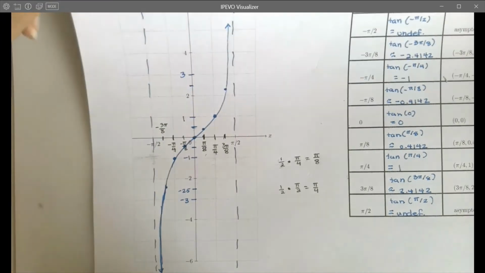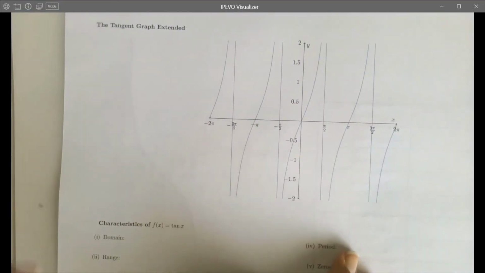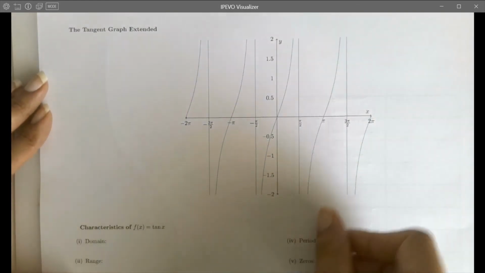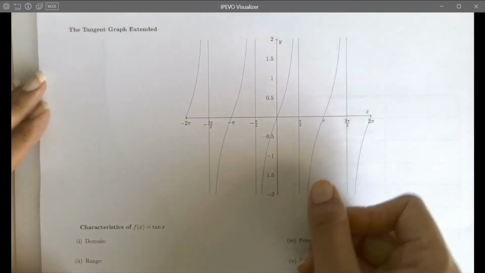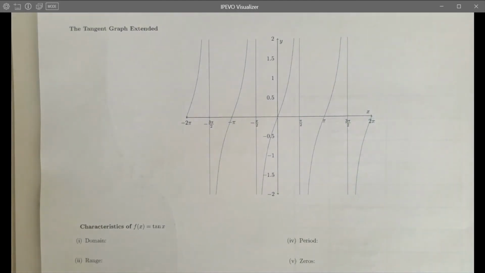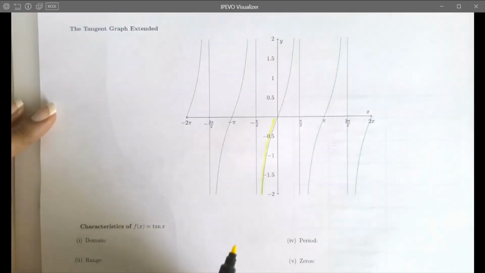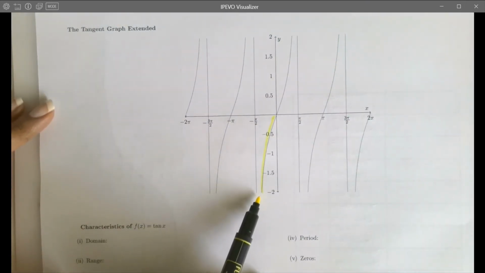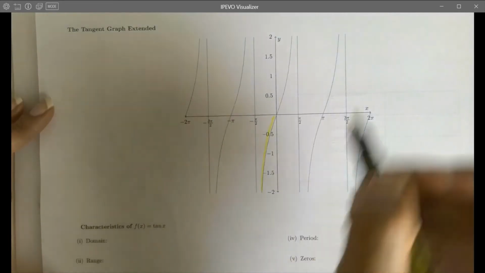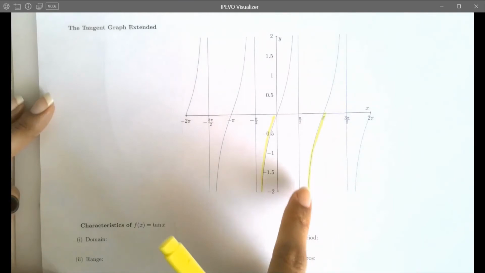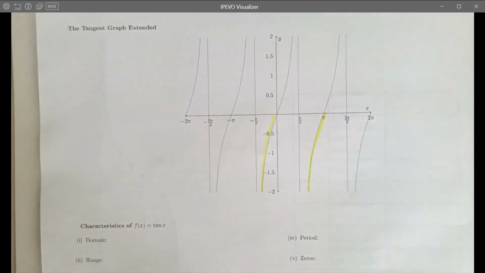If we extend the graph beyond pi over 2, we're going to see this part of the graph repeat. So let me actually just use some highlighters here. This bottom part of the curve that goes into the negatives and gets really close to the vertical asymptote starts repeating here between pi over 2 and pi.